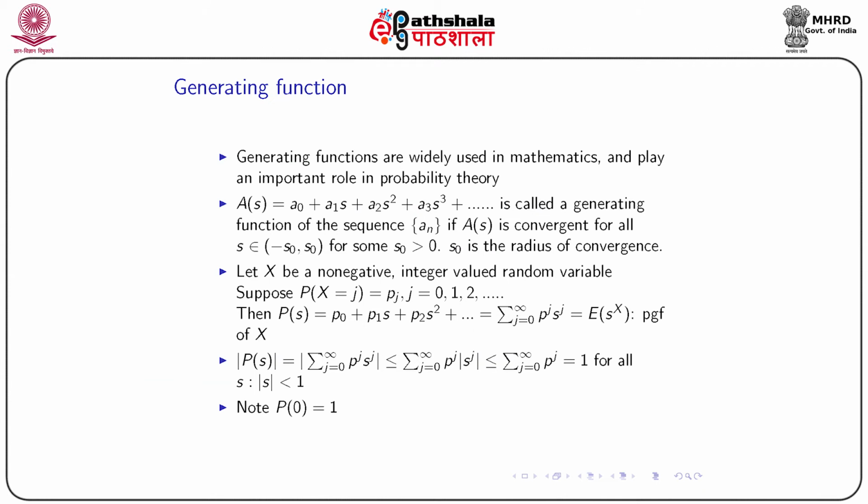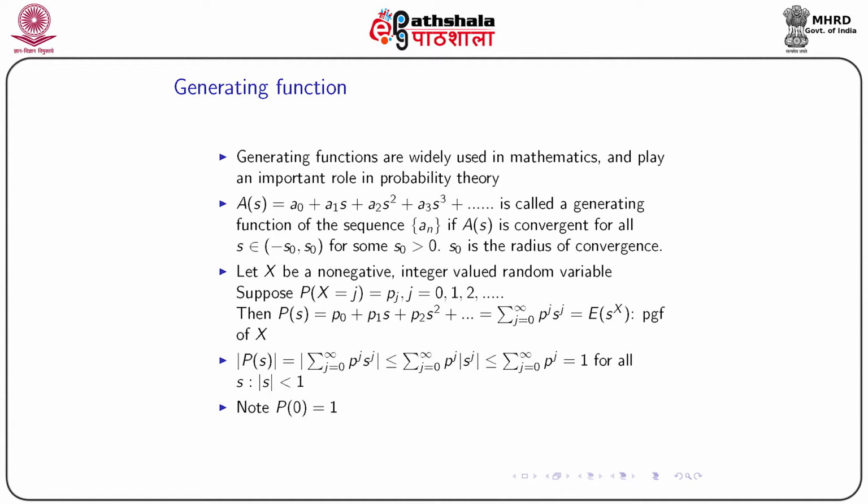Generating functions are widely used in mathematics and they play an important role in probability theory. So it is very important to know generating functions, especially probability generating functions and moment generating functions. In this lecture, I will talk about probability generating functions. First we want to define what we mean by a generating function. Consider a function A(s) equals a0 plus a1 s plus a2 s square plus a3 s cube and so on.